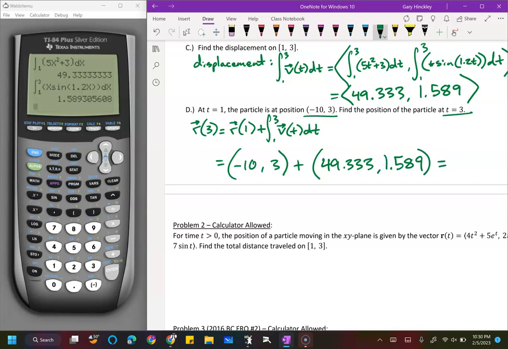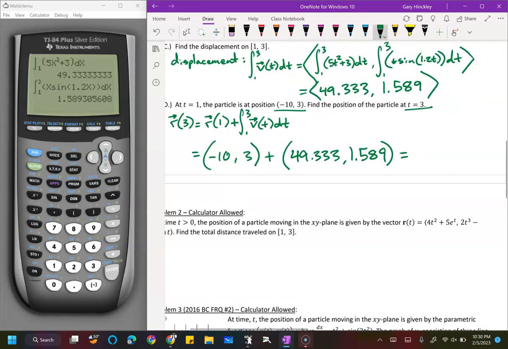So then that would be equal to the new position of, let's see, 39.333, 4.589. So we just add up the x components, and then the y components get added up.